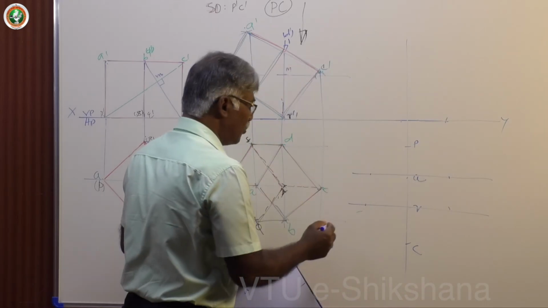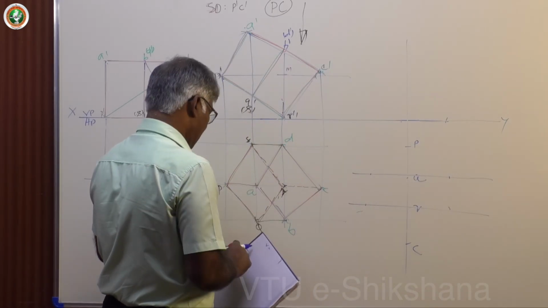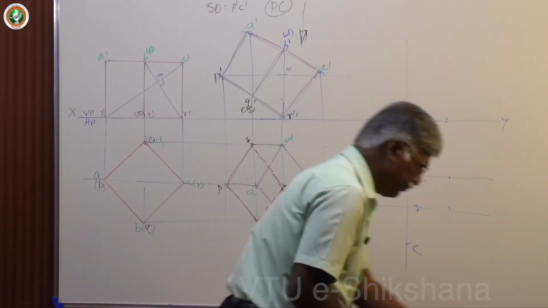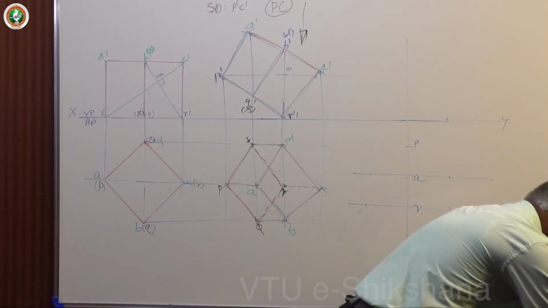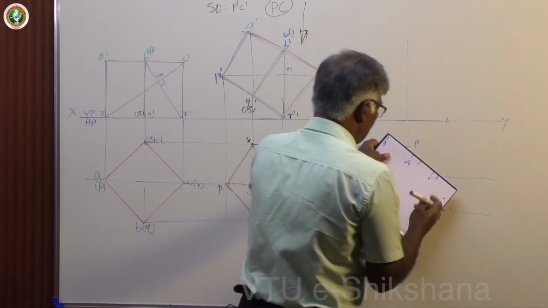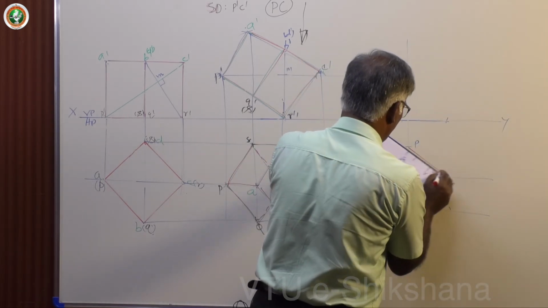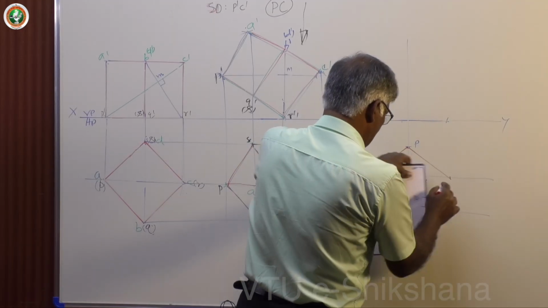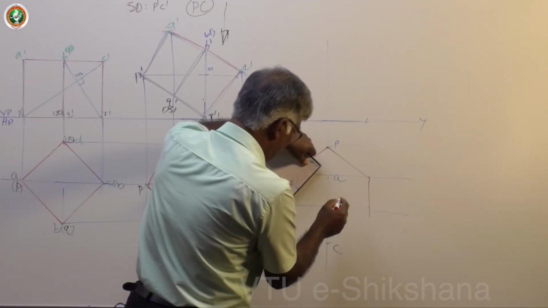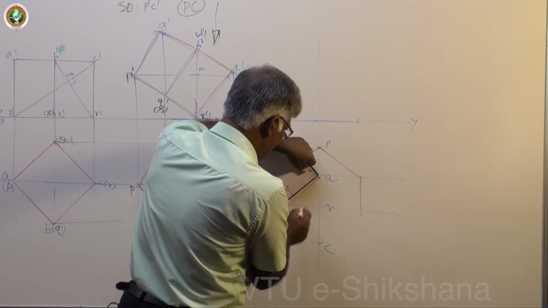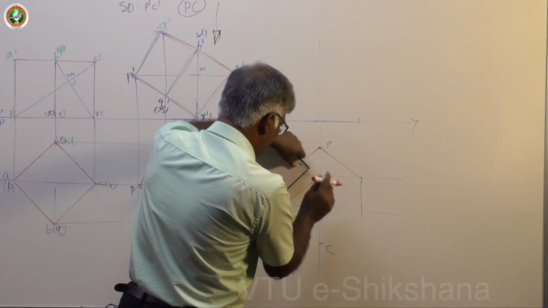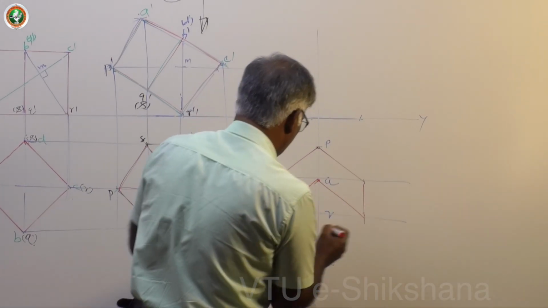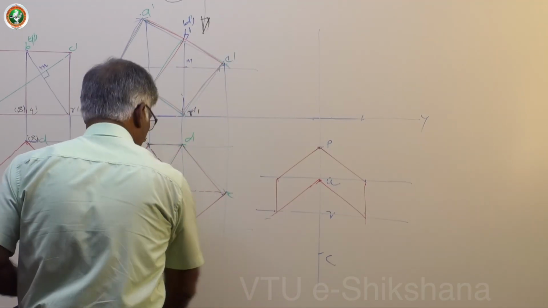Yes, join this as in the first figure, second figure top view. Boundary lines dotted, top face dark ABCD, sorry, let me name better, before that let me name.